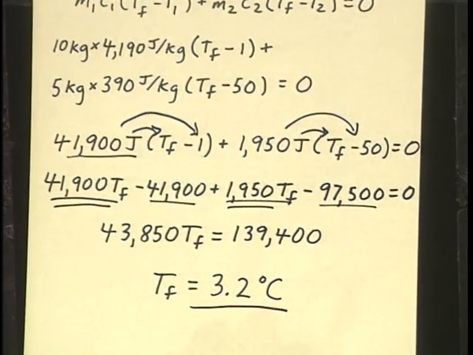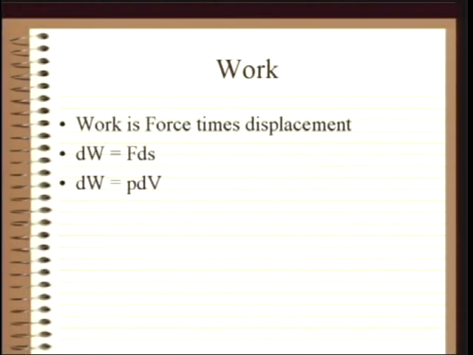Next on the PowerPoint, we're going to look at work. Work is equal to force times displacement. There are two ways that work is written. Work is equal to force, which remember was in newtons, times distance.